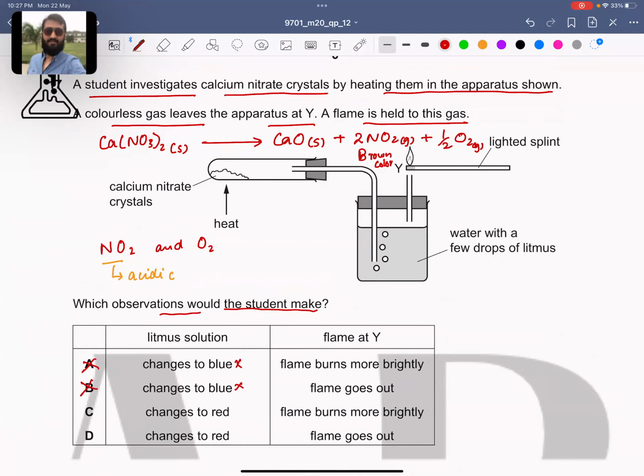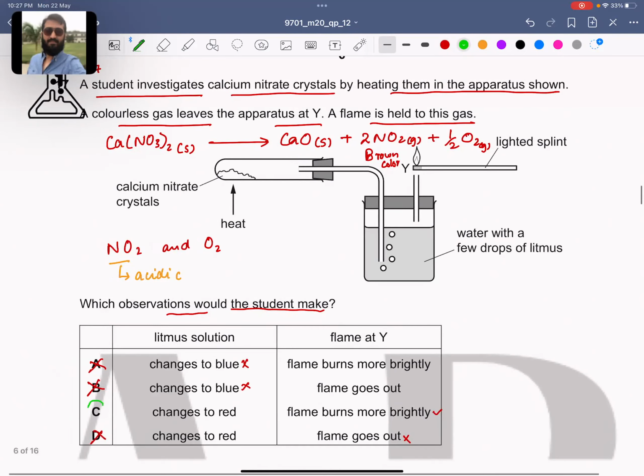And if we talk about the flame test, normally what is the test for oxygen? It rekindles the glowing splint. So if there is a flame over there, in the presence of oxygen, that flame burns more brightly. So this statement is correct and this is wrong. So D goes wrong and C is our correct answer.